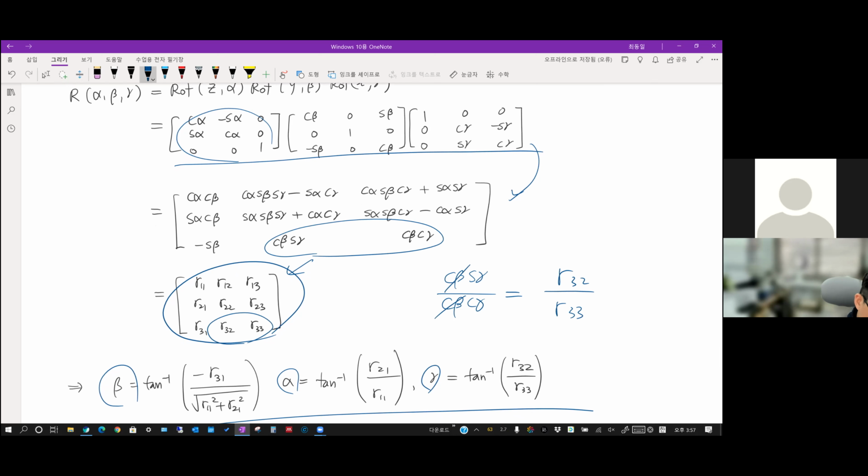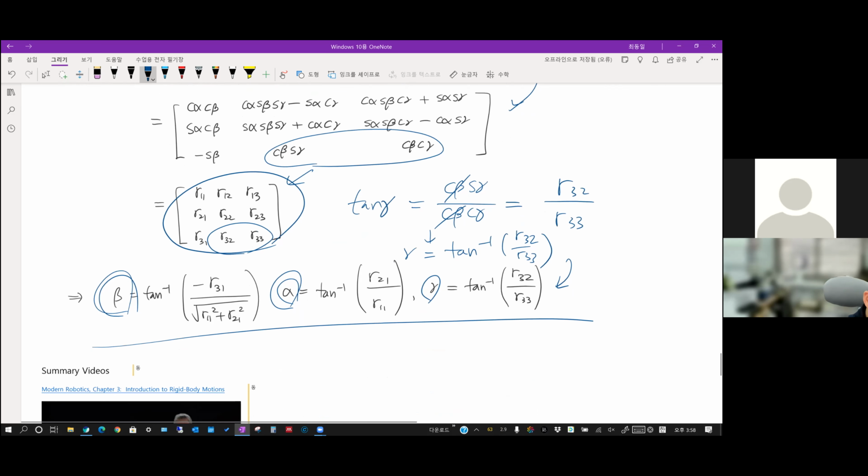And this one is erased, and this one becomes tangent gamma. So if we take the inverse tangent of the gamma, then it becomes R32, R33, like this. And using this kind of calculation, we can also find out alpha and beta. So this is the answer.